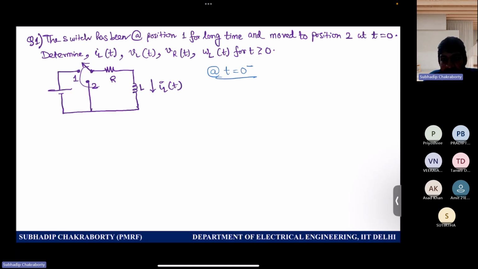You write like this, step 1, at t equal to 0 minus. What is that? See, the switch has been in position 1. It is already telling you. So position 1, drop 10 volts. Let's assume this is 10 volts.